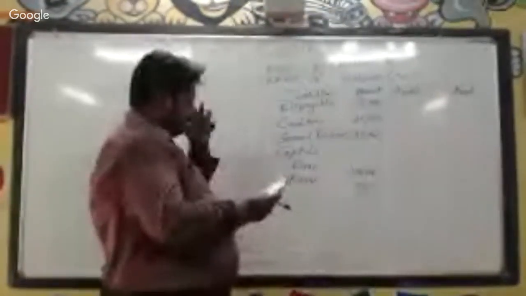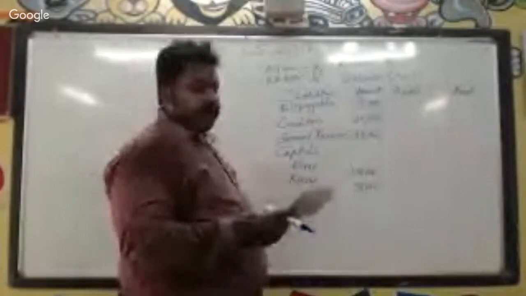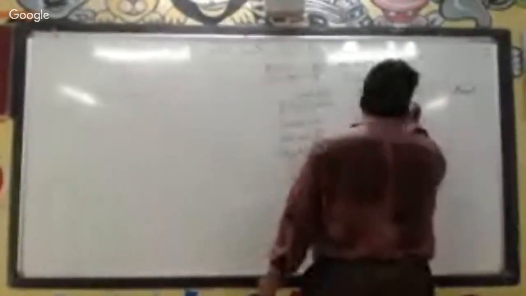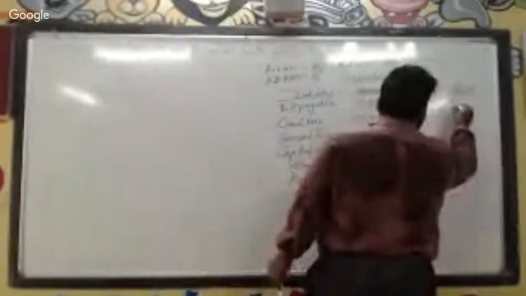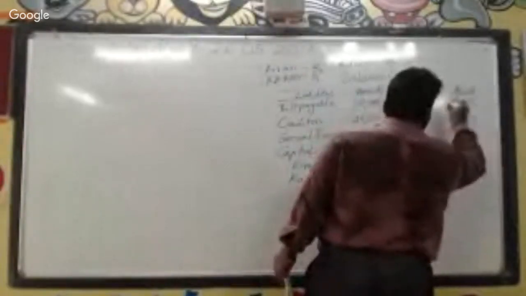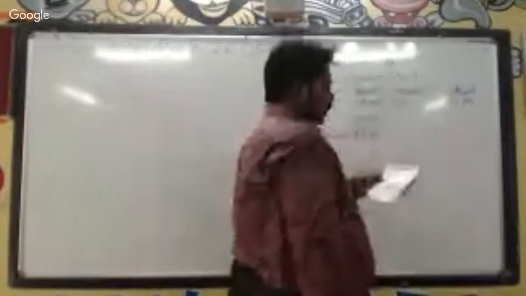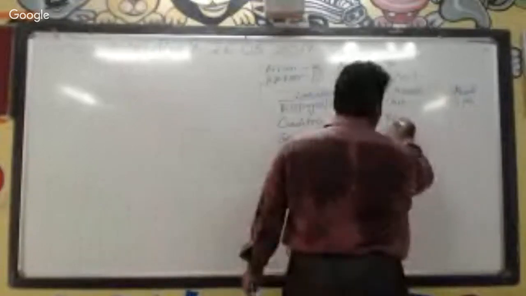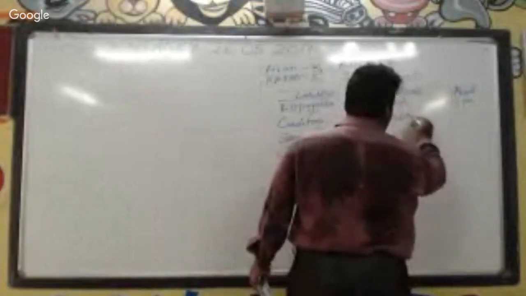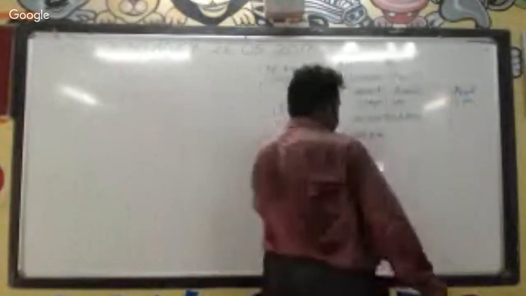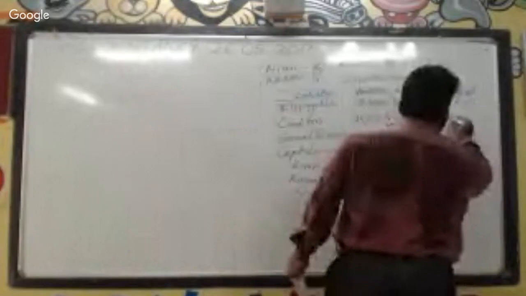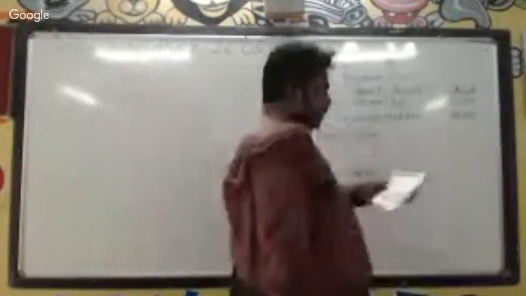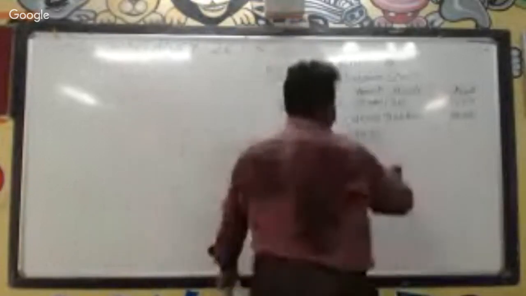Coming to the asset side of the question, he has given cash 5,000 rupees. Next, he has given debtors 35,000. Next, he has given the stock 45,000.